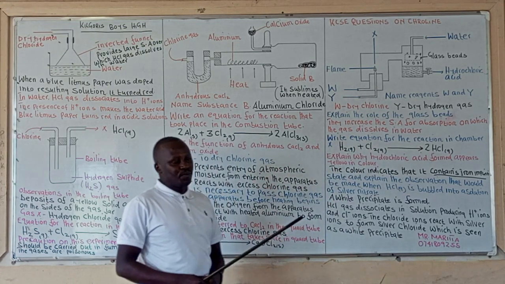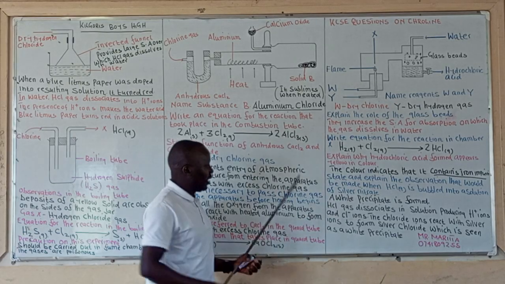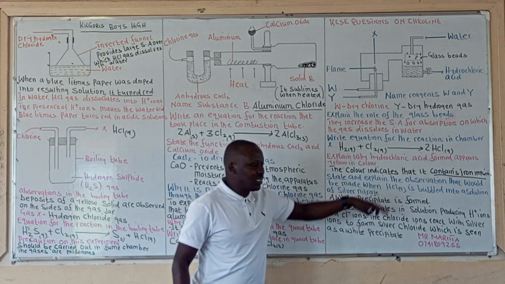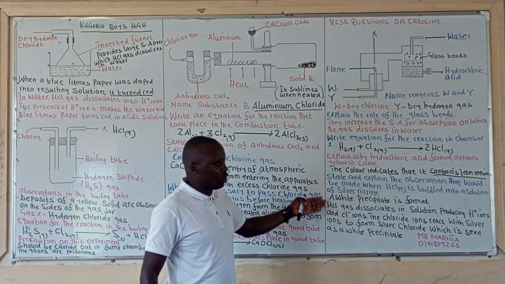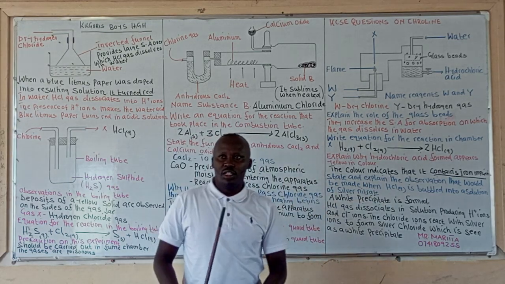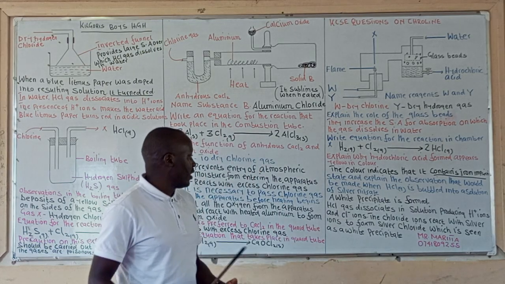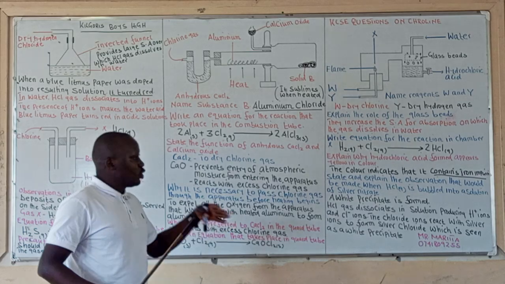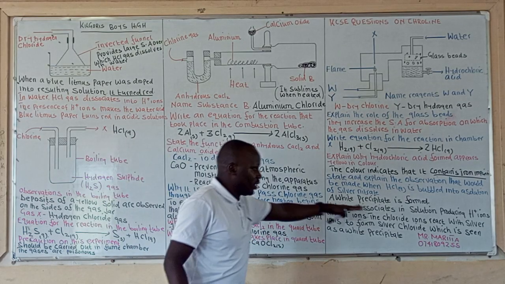State and explain the observation that could be made when hydrogen chloride gas is passed through a solution of silver nitrate. What you need to understand is that hydrogen chloride gas dissociates. The observation first is that it forms a white precipitate.